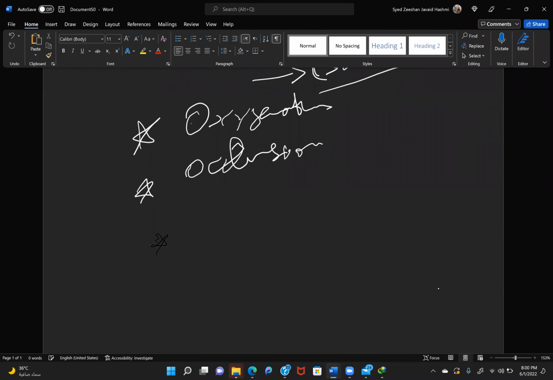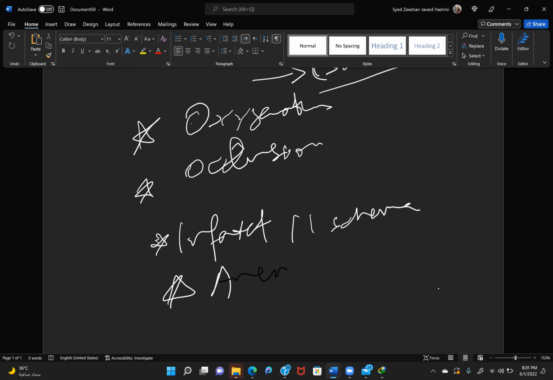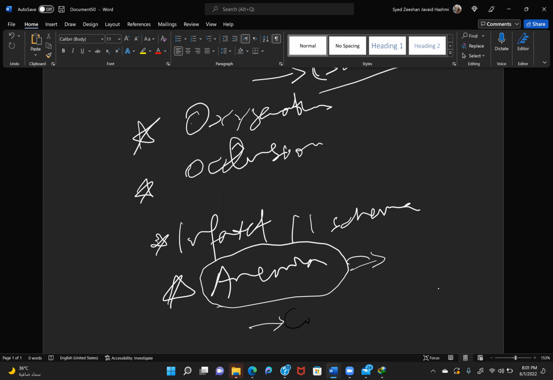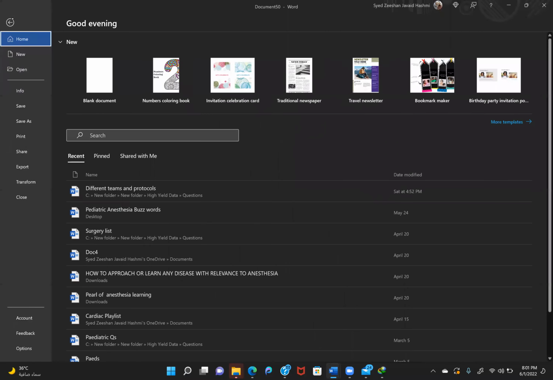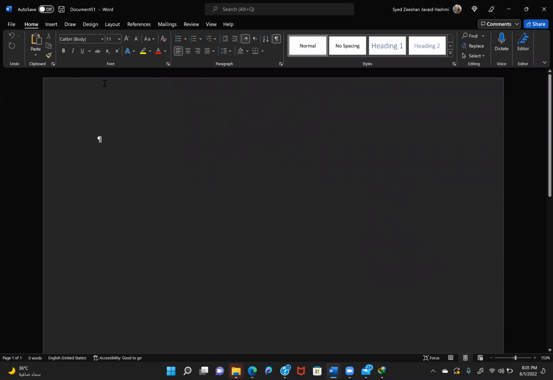So there will be infarcts, there will be ischemia, and actually this is anemia, because there is low oxygen carrying capacity. So all the compensatory mechanisms which occur in anemia will occur. This is the concept you need before you start reading this topic.